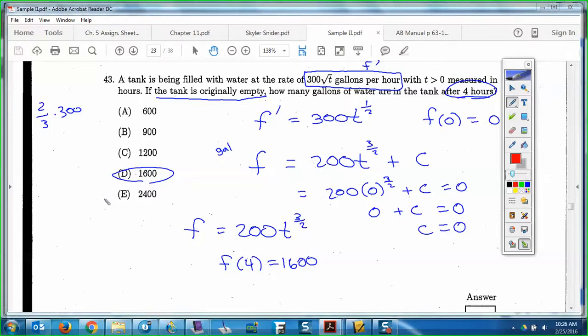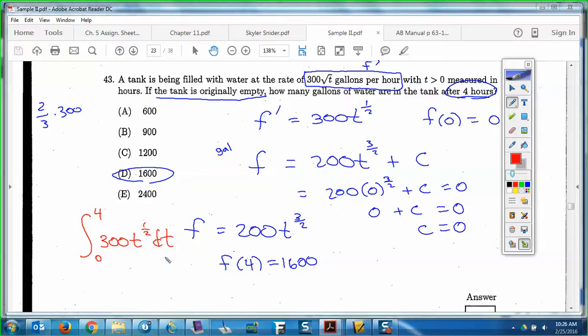Well, here's the other way we could have done this problem. We could have simply set up this integral right here. You see why that would be the same thing? Because inside there is gallons per hour, and when we do the integral of gallons per hour, it turns to gallons, and we want the gallons from 0 to 4.